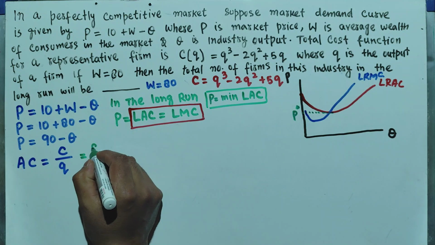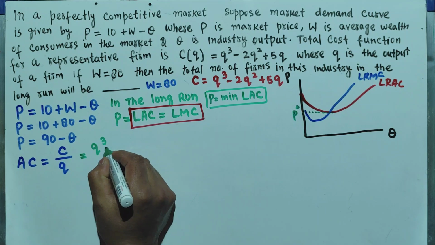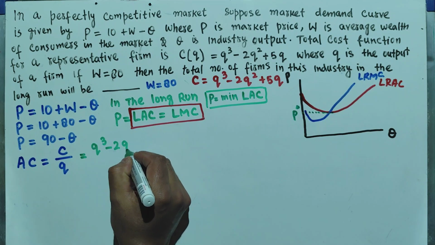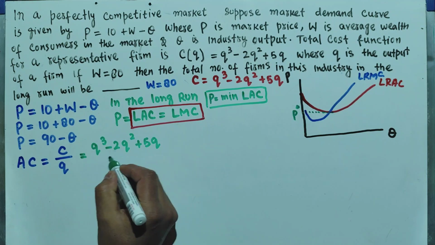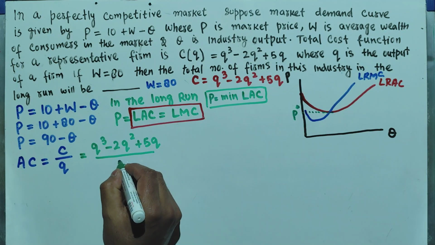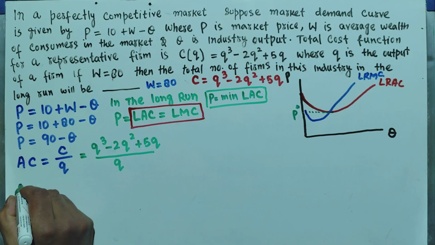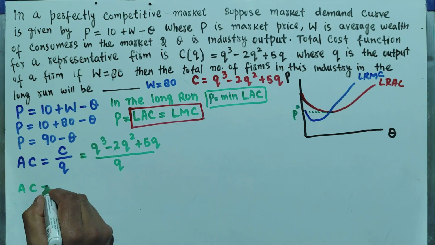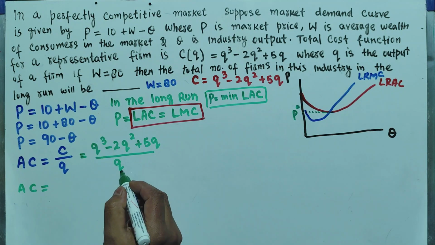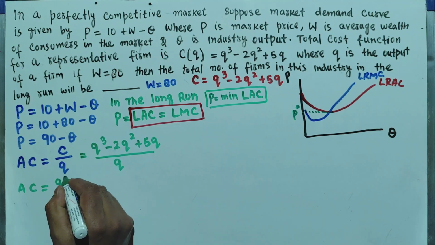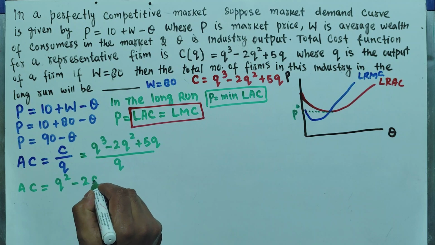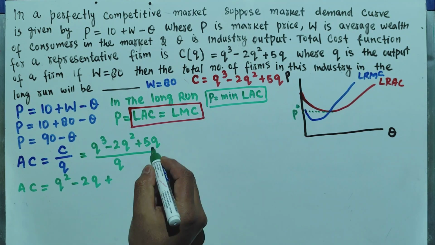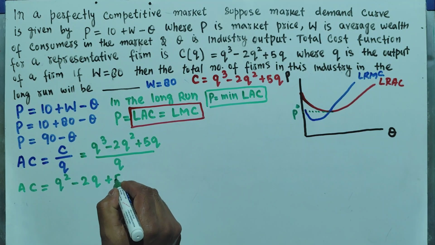Total cost is q cube minus 2q square plus 5q. To this we divide by q. When we divide it by q, what will we get? The average cost will be equal to, dividing q cube by q, we will get q square in the first term, minus in the second term we will get 2q only, and in the last term q and q get cancelled, we are left with 5.